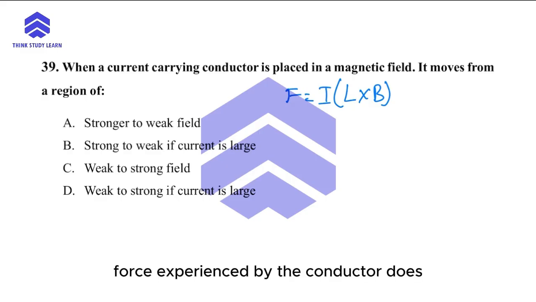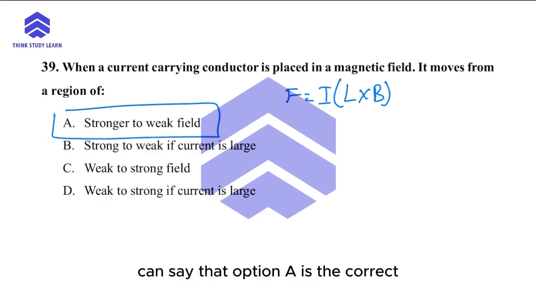The force experienced by the conductor does not directly depend on the strength of different regions of the magnetic field, but the conductor generally moves from a region of stronger magnetic field to a region of weaker magnetic field. Hence, we can say that option A is the correct answer.